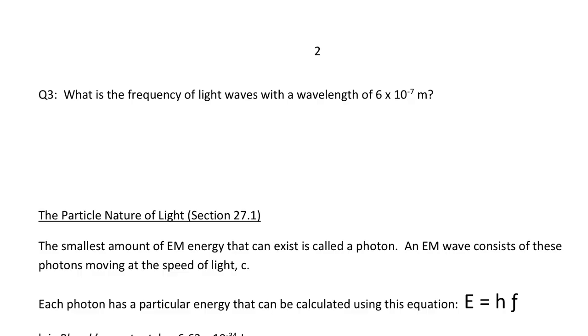Okay, what's the frequency of light waves with a wavelength of 6 times 10 to the negative 7 meters? I'm looking for frequency, lowercase f. I have this wavelength. What's the frequency? So v equals wavelength times frequency. c equals wavelength times frequency.